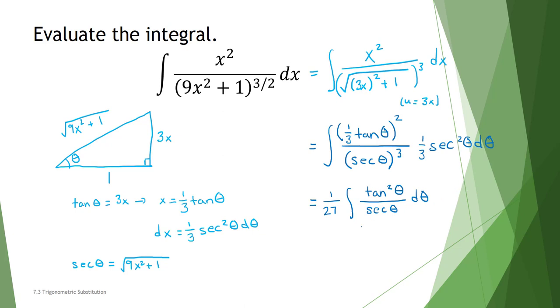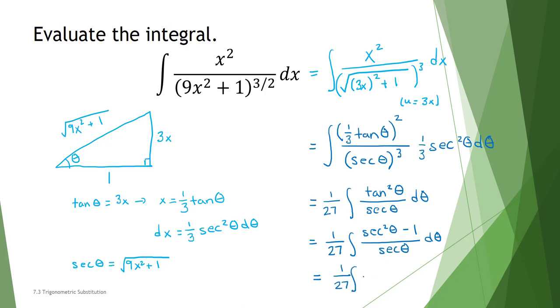Now we're just going to use a trig identity to help. We have 1/27 times the integral of secant squared theta minus 1 divided by secant theta, d theta. Then we're going to just split this into two fractions and reduce.